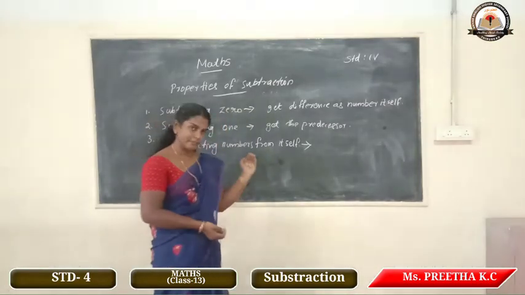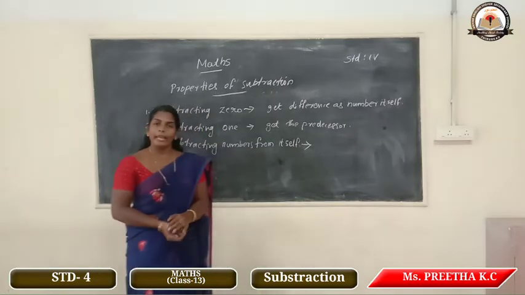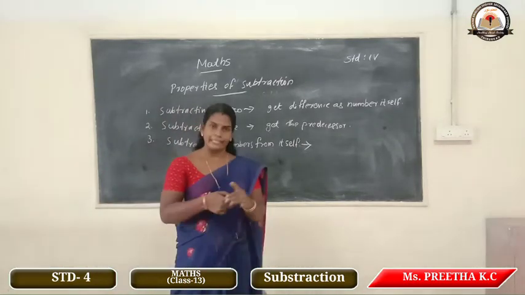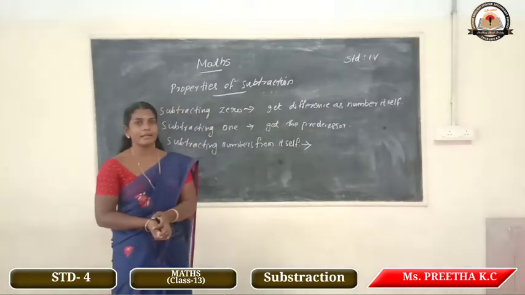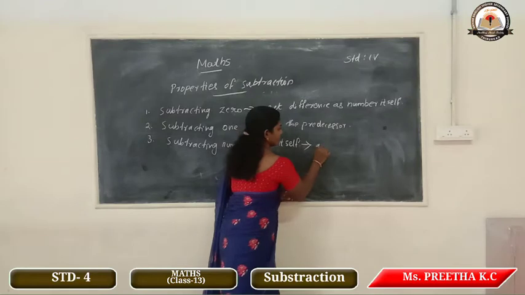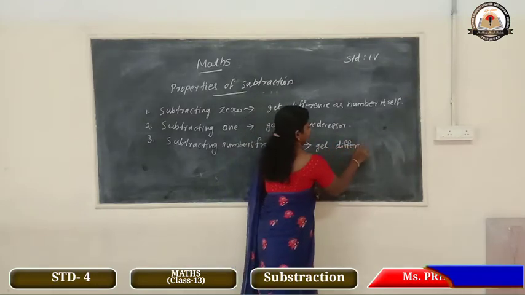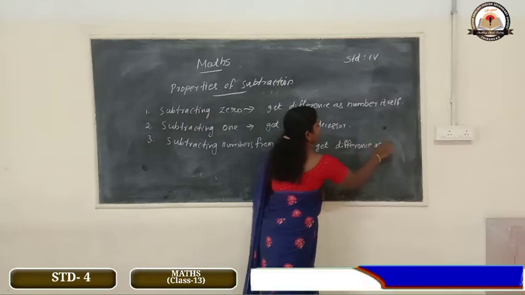Then one more property we have is subtracting a number from itself. When any number is subtracted from itself, we get the answer or difference as 0.